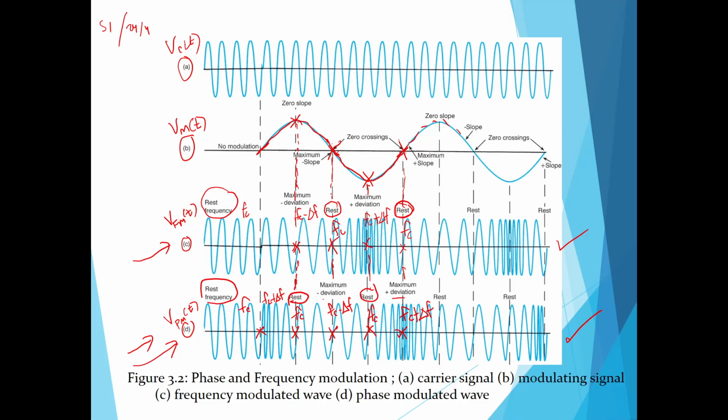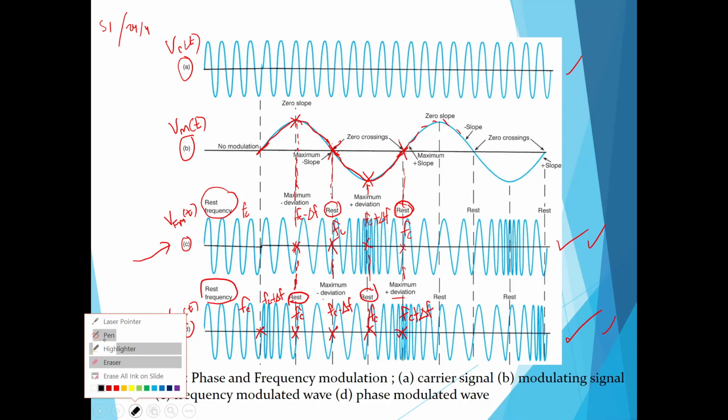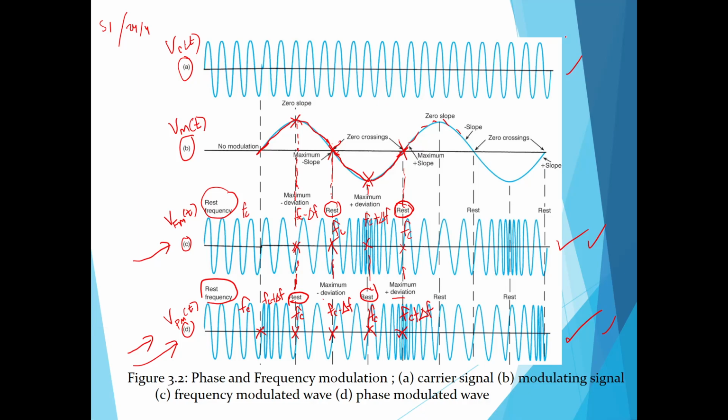So that's the difference. And if you see from both graphs C and D, the amplitude of the carrier remains the same. Okay, amplitude carrier tidak berubah sebenarnya. If you compare graph C and D with graph A, the amplitude of the carrier remains the same throughout the process.